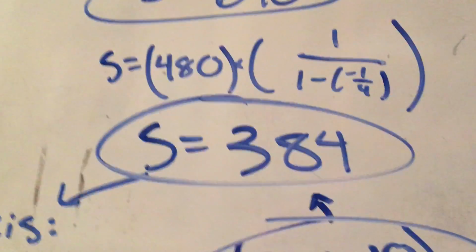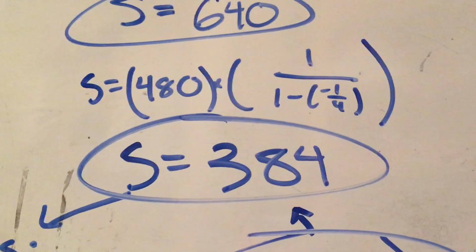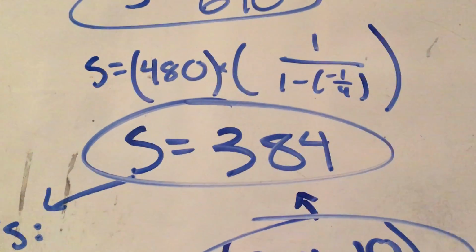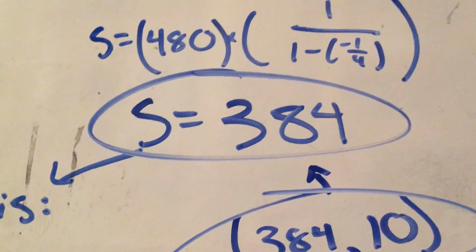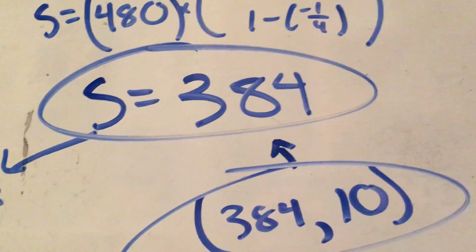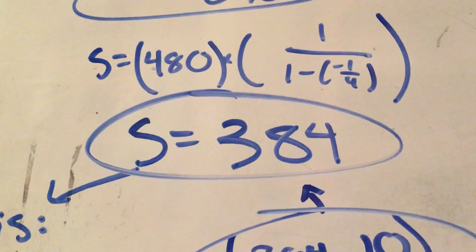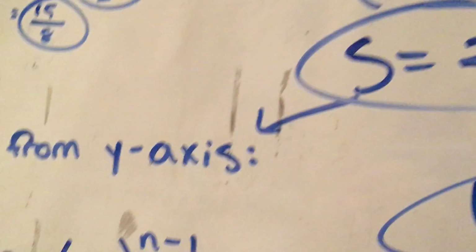So right here we have s equals 480, our starting term, times 1 over 1 minus our rate, which is -1/4. So when we simplify that, we get 384. So in the end, if this bug travels along this path forever, it will end with a value of 384 units away from the y-axis.